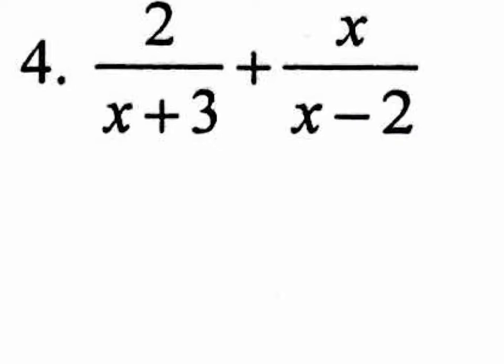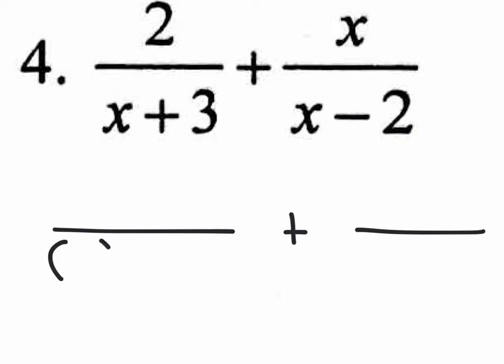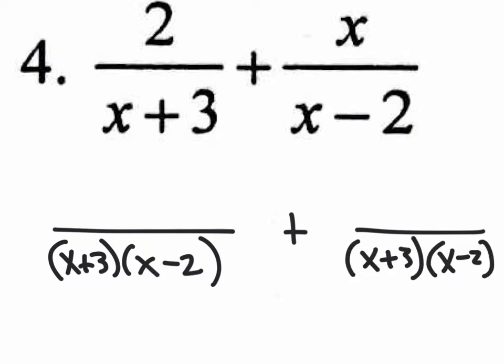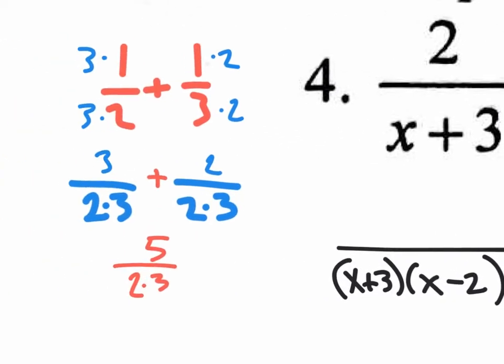So check this out. The left fraction, the right fraction, the plus right in the middle. On the left fraction, the common denominator will be x plus 3 times x minus 2. And the same for the right fraction. It's going to be the same thing, x plus 3 times x minus 2. Okay, it was similar to what we did over here.